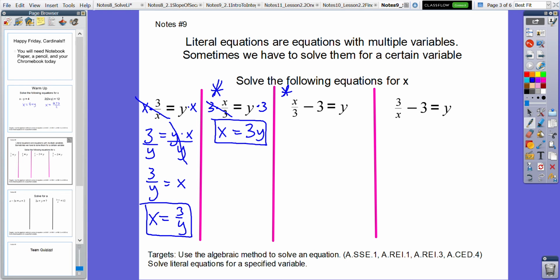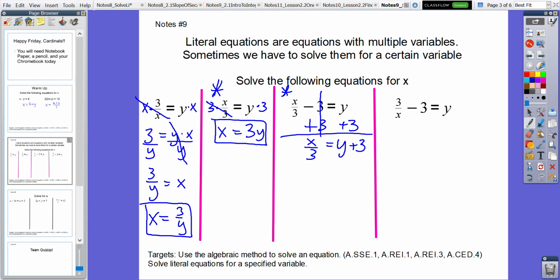So my first step is going to be add 3 to both sides of the equation. So plus 3, plus 3. My 3's are going to cancel. And because y and 3 are not like terms, I'm going to write it as just y plus 3. And I'm left with just my x divided by 3 here.